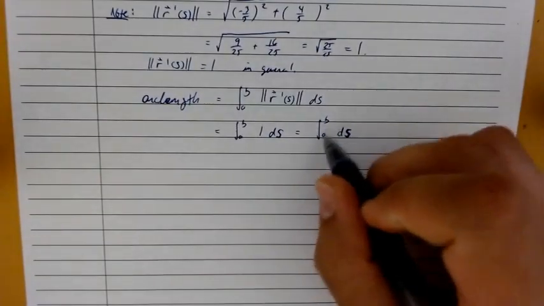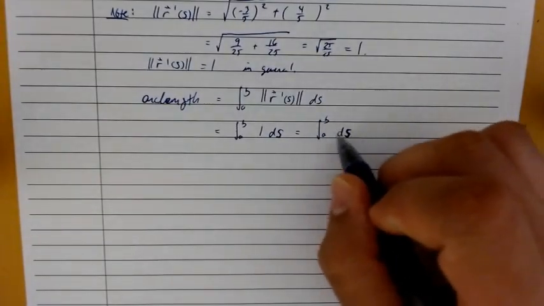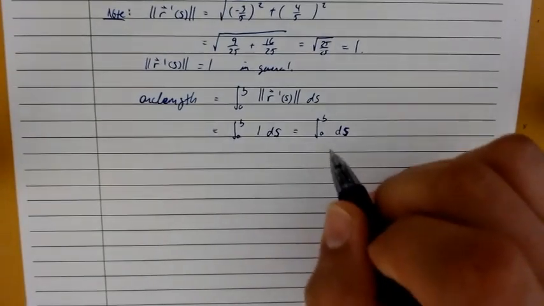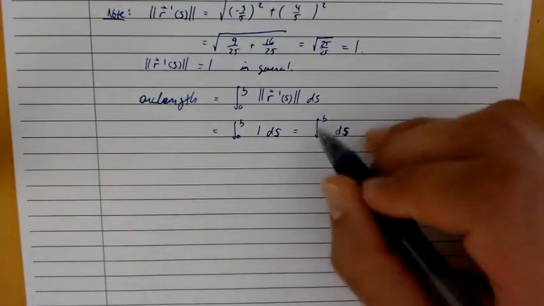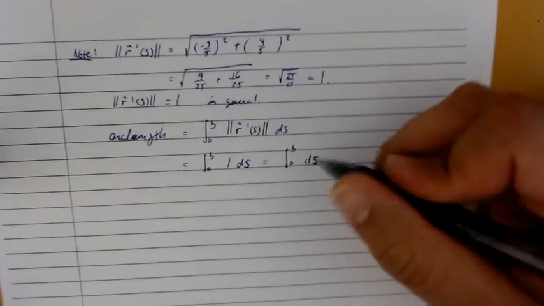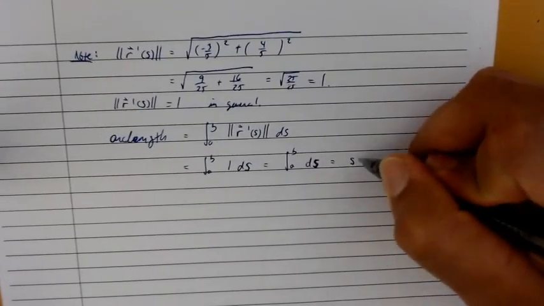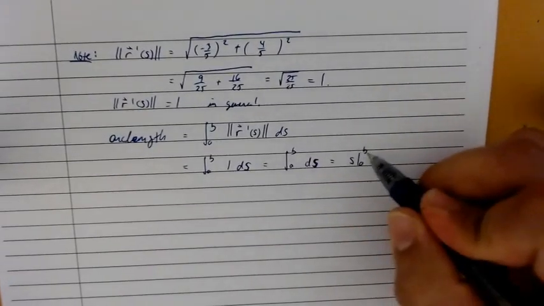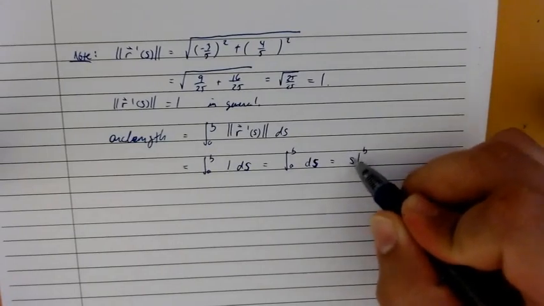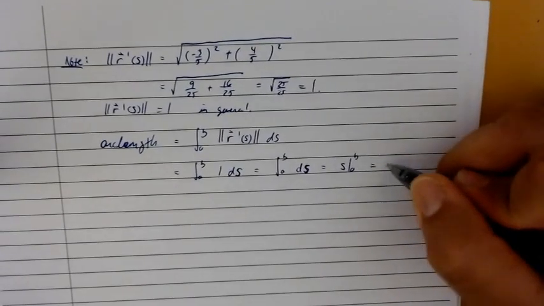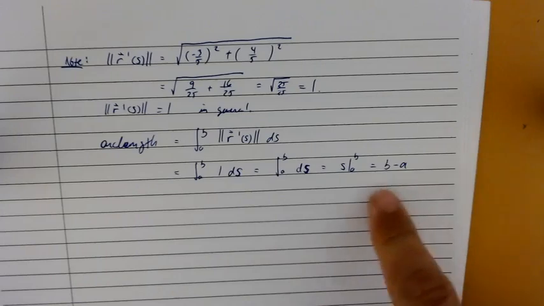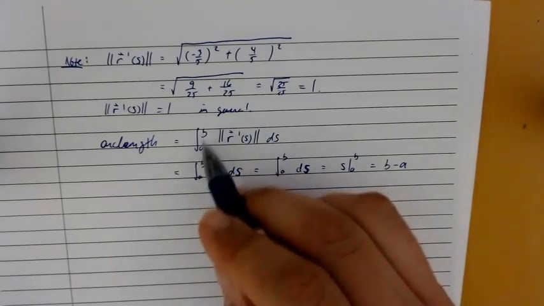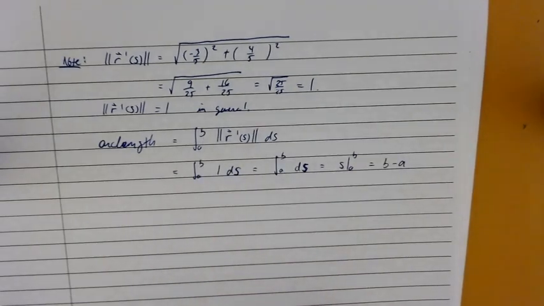Okay, but what's the integral of the differential with respect to s? That's just going to be s evaluated from a up to b. Oh, but that's just going to be b minus a. But what is that? That's the length of the interval.